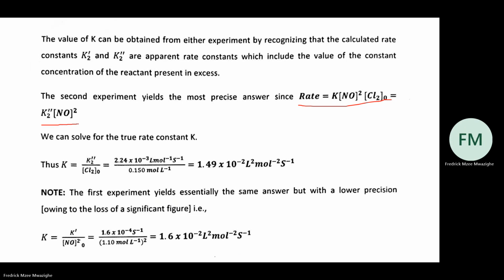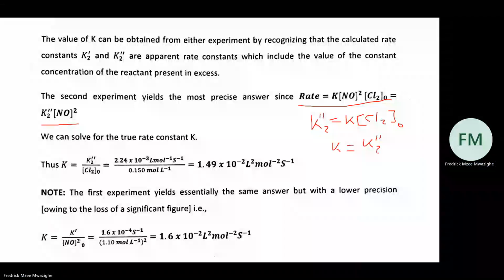You remember what K2 double prime represents: K, the rate constant, times the initial concentration of chlorine. Therefore, K is going to be given by K2 double prime divided by the initial concentration of chlorine.